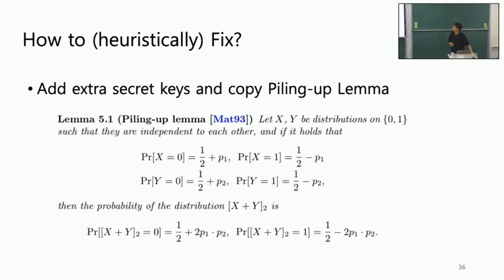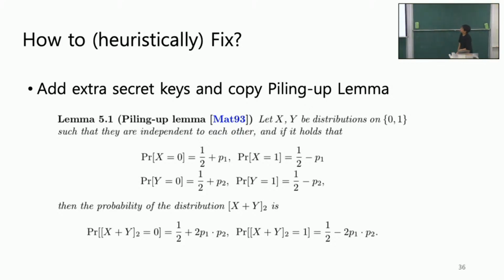For example, X is a distribution defined on the binary set and it has bias P1, and Y is also a distribution defined on the same set and it has bias P2, and the summation X plus Y has bias P1 times P2.